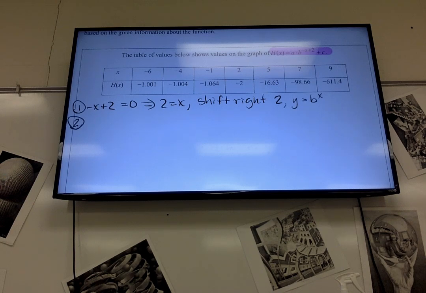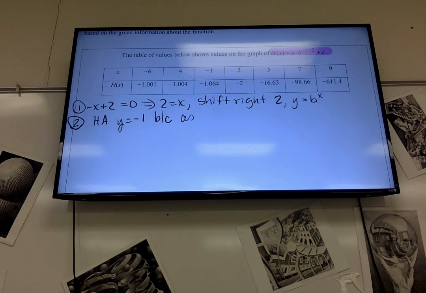Any other bit of information you think you can figure out from here? From the table? Yes, sir. Asymptote at -1. Asymptote, okay. So it's a horizontal asymptote. Horizontal asymptote, he says, is y equals -1. How'd you get that? At -6, it's approaching -1.